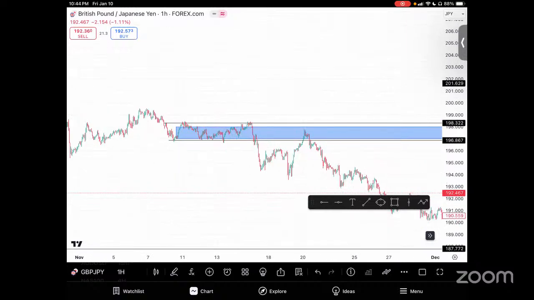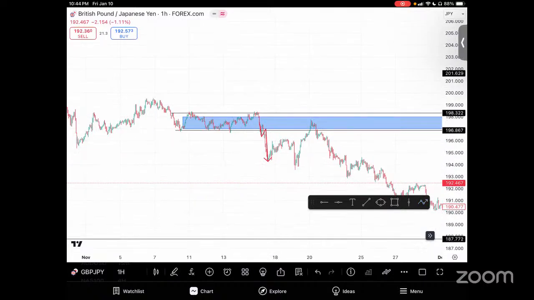What direction did the market break out?